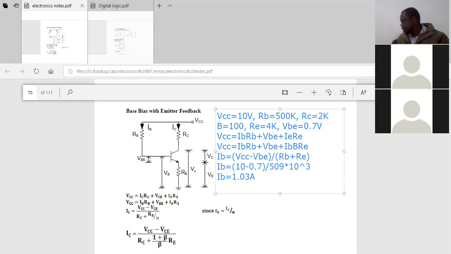If you take 9.3 divided by 509, it becomes 1.83. Yes. So 1.83 times 10 raised to the power negative 5. That's the value that you're going to have for this.